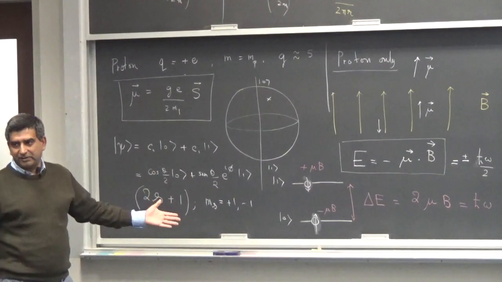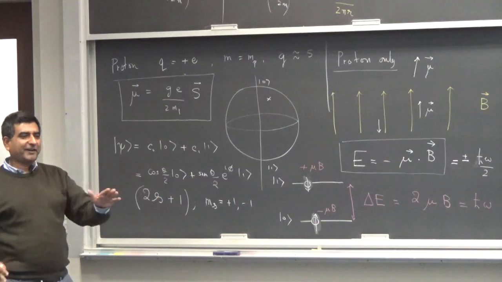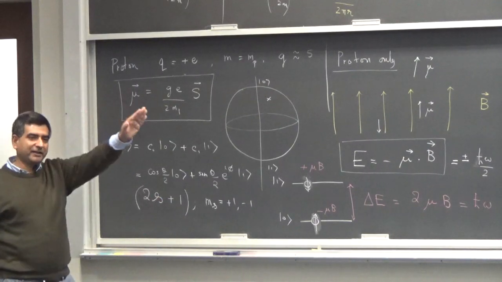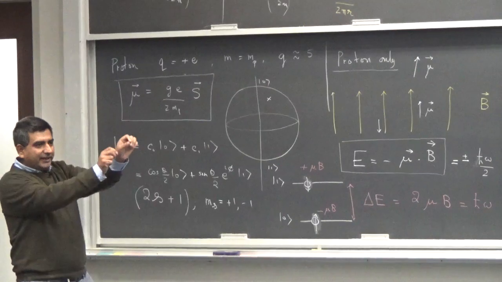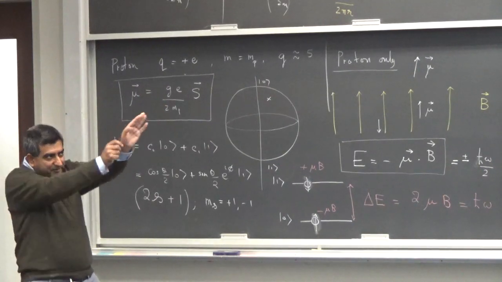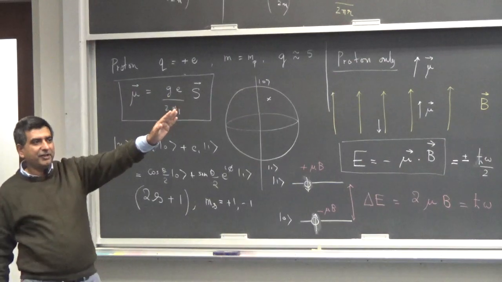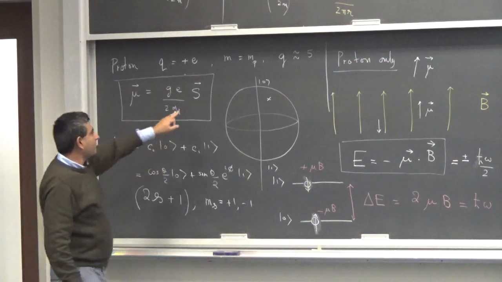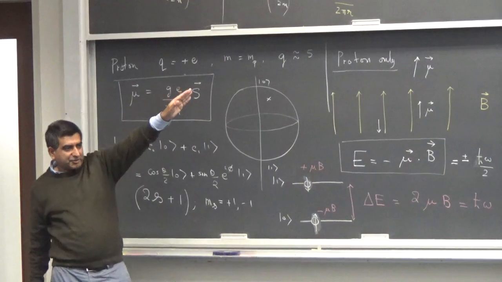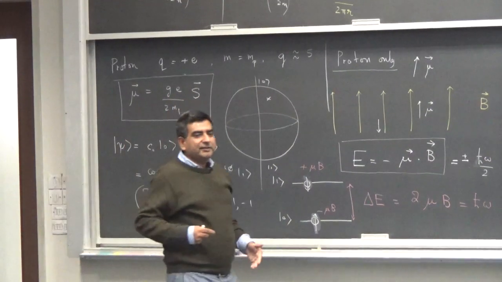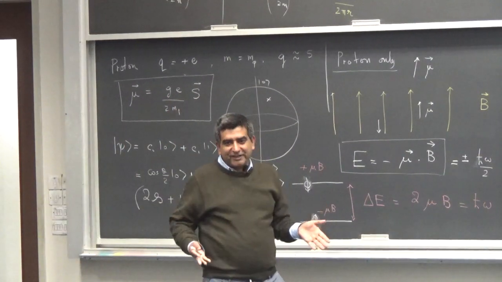It's the same everywhere. So in order to define a direction, you need to apply a magnetic field, because the magnetic field is an axial vector that points in a certain direction. So when it points in a certain direction, you can find out the component of S on that direction. Let's say that direction is called the Z direction.